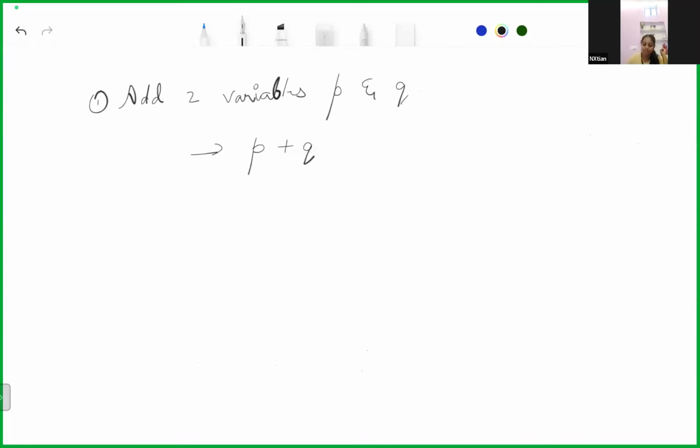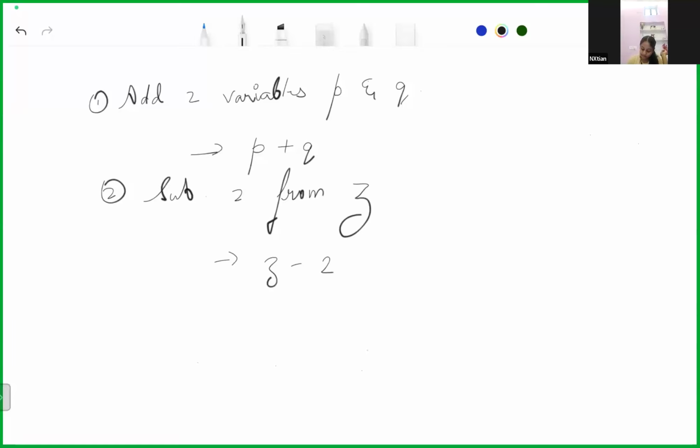Suppose I'm having another one. Subtract 2 from Z. So I can write it as Z minus 2.